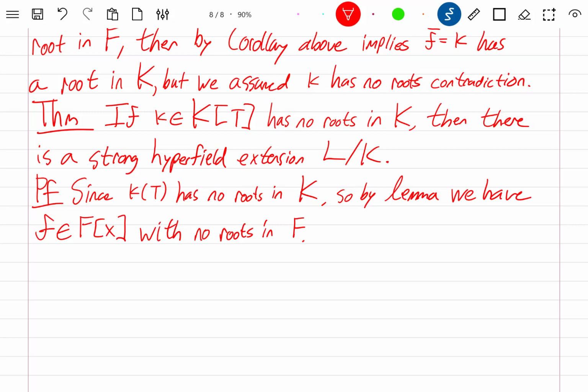So now, all we have to do is, by classical field theory, you can consider F of x mod out by the ideal generated by f, assuming f is irreducible, or just take some irreducible part of the polynomial f and do that.